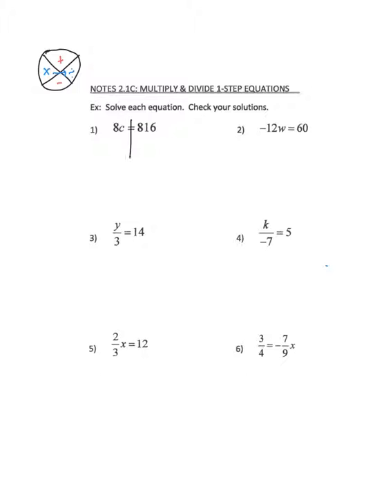So if we look at number 1 right here, we've got c as our variable. That's what I want to get by itself, and right now that 8 is right next to it. So if I have 8 times c, that means I need to divide by 8 on both sides. 8 divided by 8 gives me 1, so that gives me 1c on the left, and then I have 816 divided by 8 on the right.